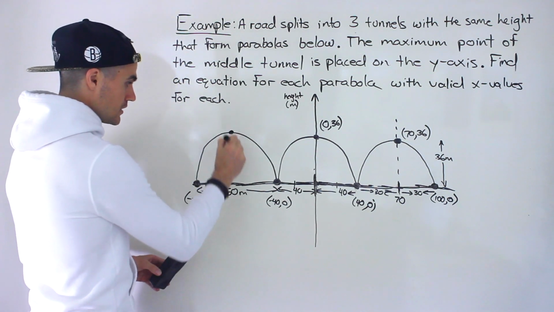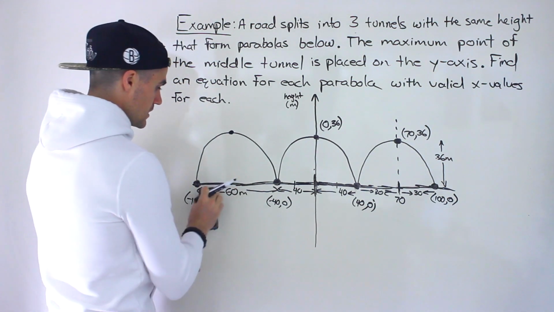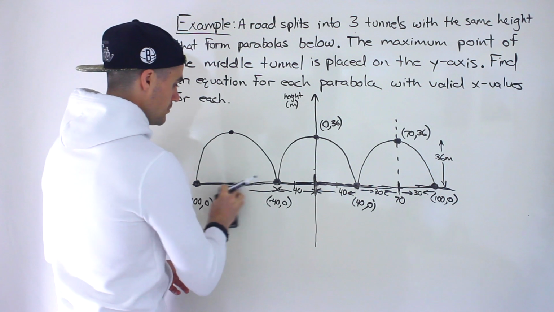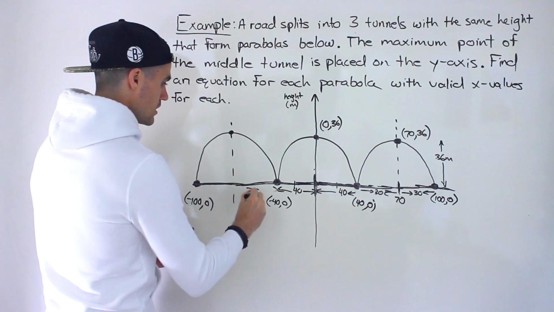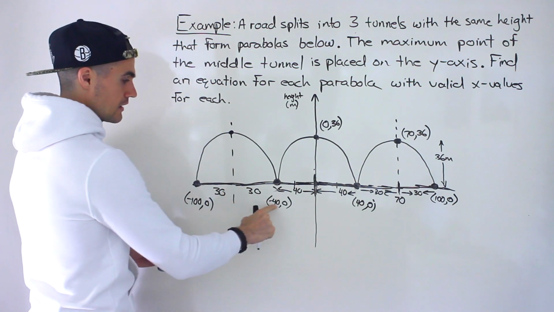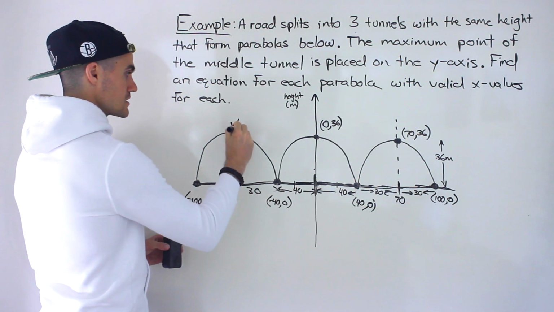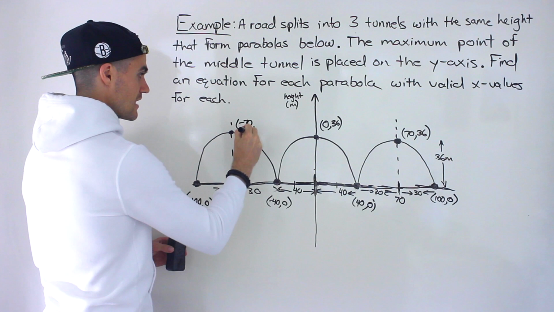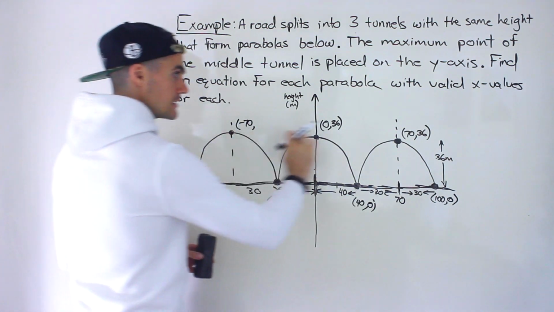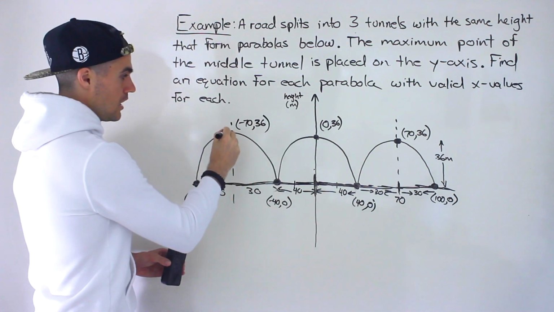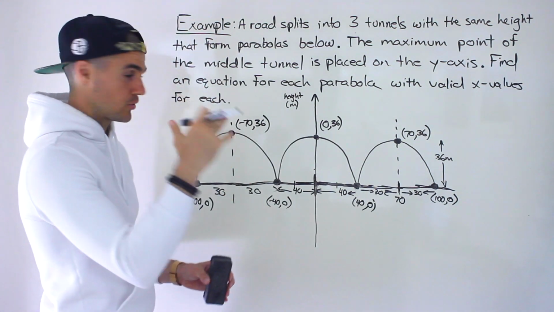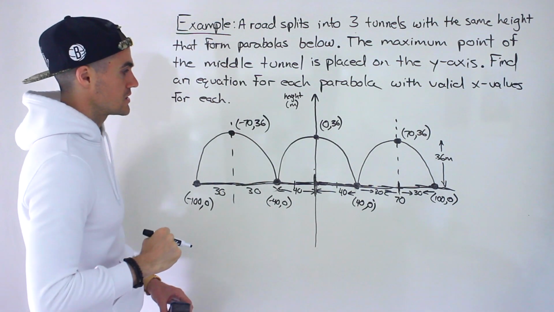And then this over here, again, this 60 we can split up into 30 and then 30. So negative 40 minus 30 would give us an x value of negative 70. And then the height is the same for all three tunnels. So we know that the height of that maximum point of the left tunnel is going to be 36.